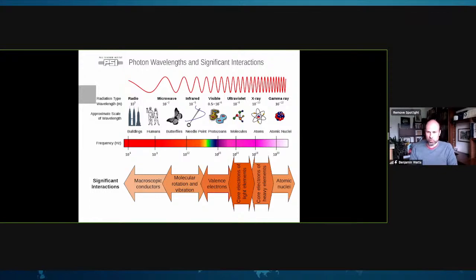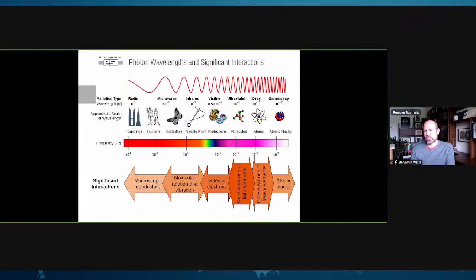Now, because of these wavelengths, they interact with different types of things, and they interact with the matter in different ways. So for the largest things, it's just macroscopic conductors, so an antenna of some kind. Then as we get to the infrared, we start to interact with molecular vibrations and rotations. In the visible and ultraviolet, we start moving the valence electrons around.